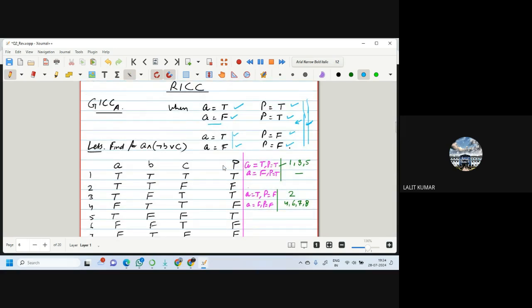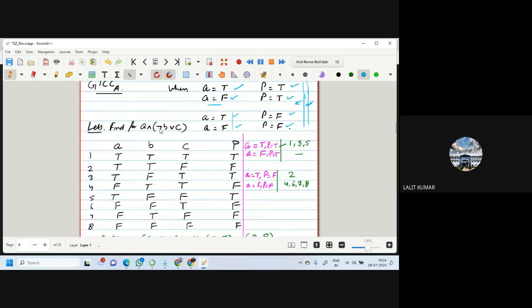Once I have found the GICC, I find the RICCs by finding those combinations where the minor clauses are not changing. For this, we take an example, A and not B or C, the same example we did earlier.